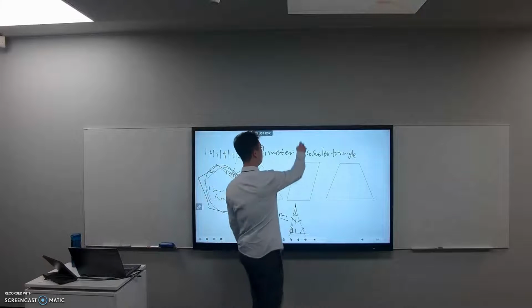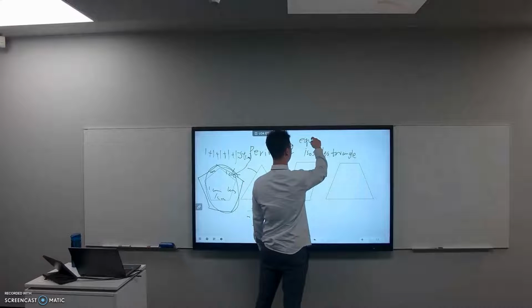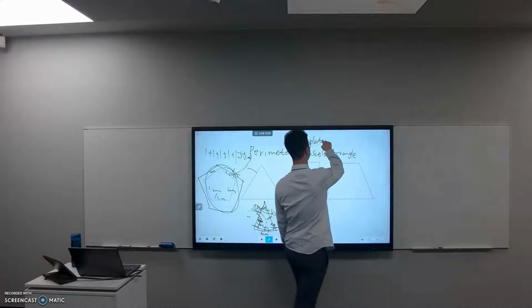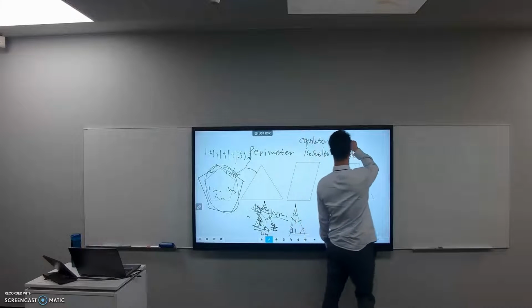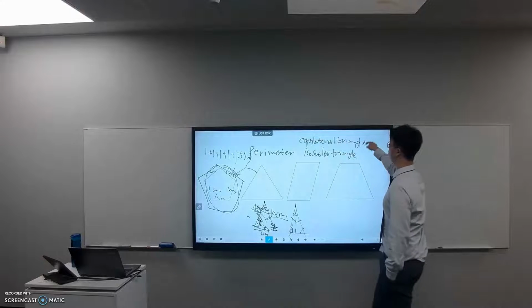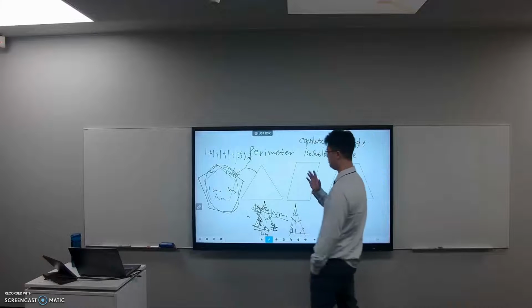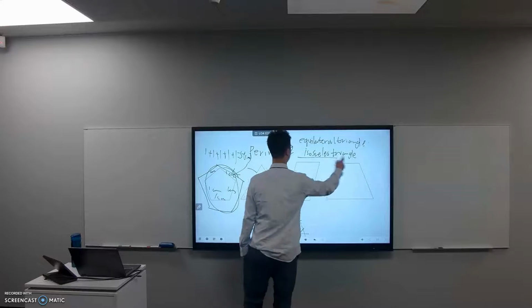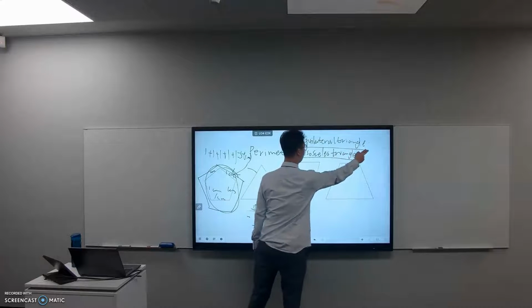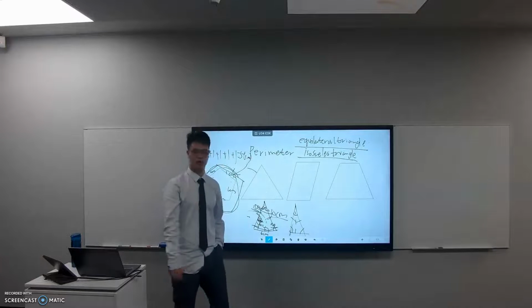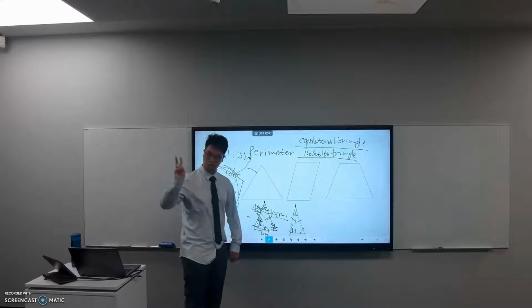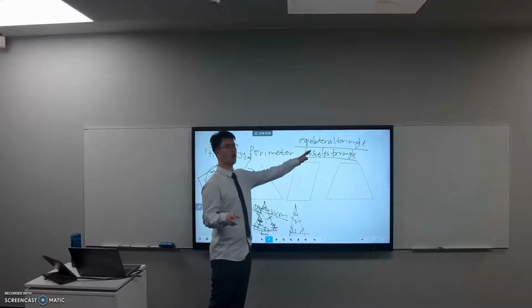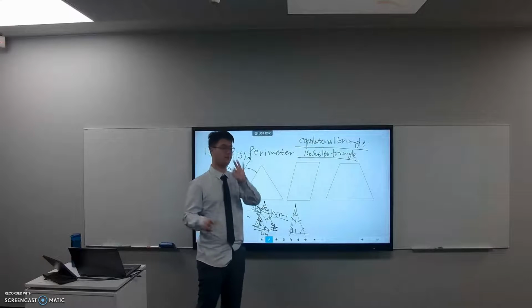And then you've got the equilateral triangle. An equilateral triangle is a special and unique form of an isosceles triangle. Instead of only two sides being the same, an equilateral triangle has three sides which are the same.